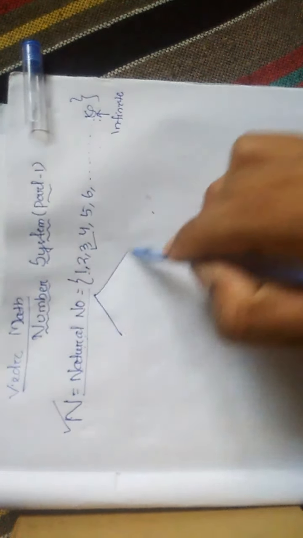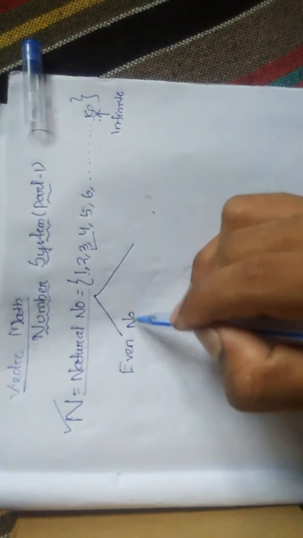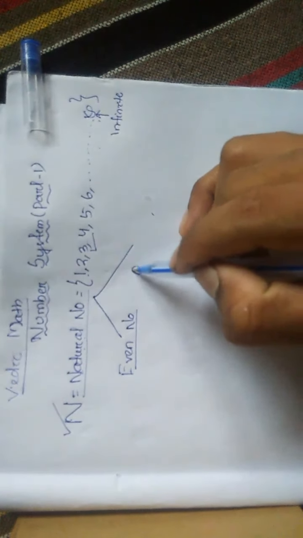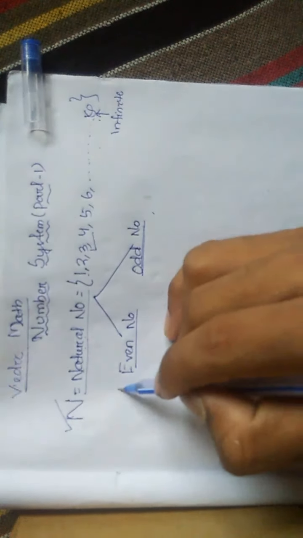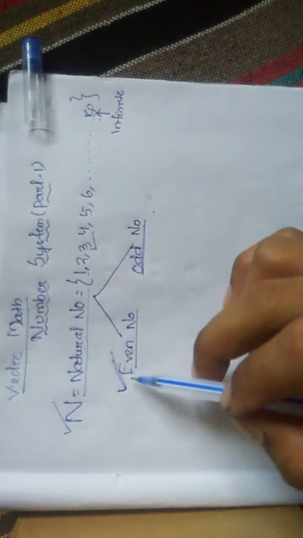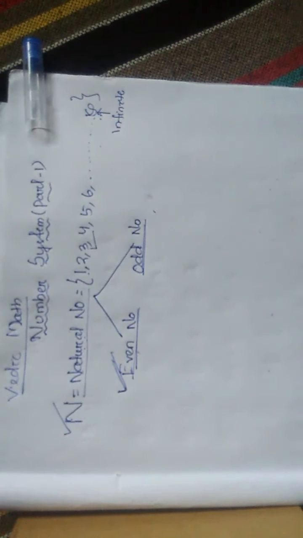Now from this natural number we have two types of number. One is even number, and the other is odd number. Now first we will learn what is even number. Even number means a number which can be divisible by 2.